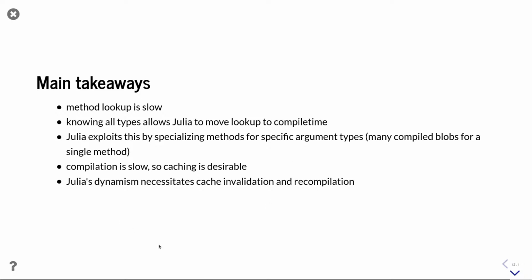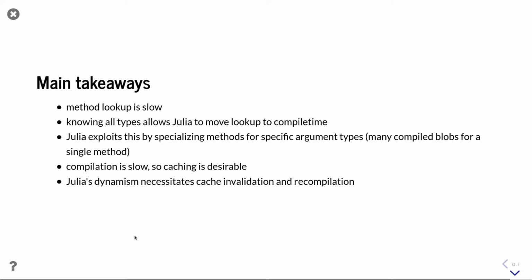Of course, in order to exploit this, it has to do compile time specialization for methods with concrete argument types. Since that process of compilation is slow and sometimes many different instances of a single method get compiled, you want to cache those to disk, and that caching process is interesting. We'll talk about it in greater detail a little bit later on.